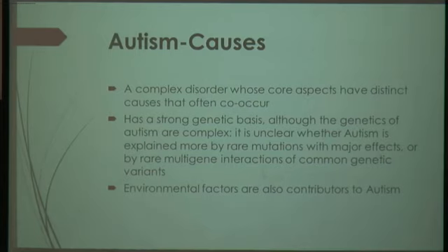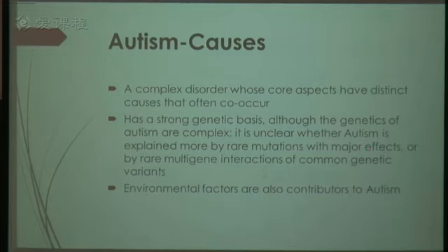They found it has a very strong genetic basis, but it's still unclear which explanation applies. The first is rare mutations with major effects. The second is lots of common genetic mutations which, when they come together and interact with each other, have a major effect.